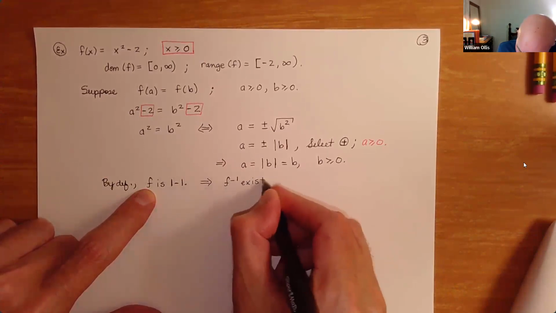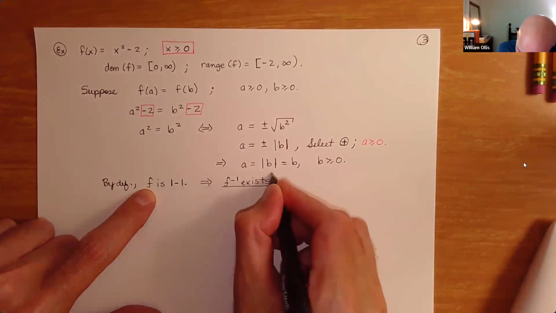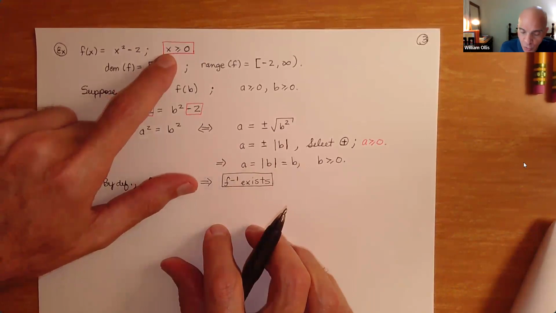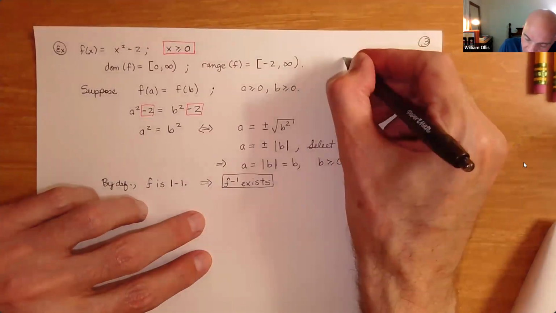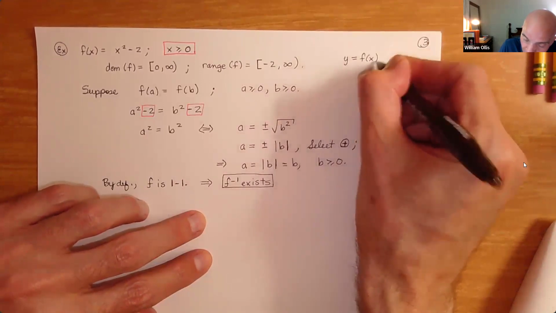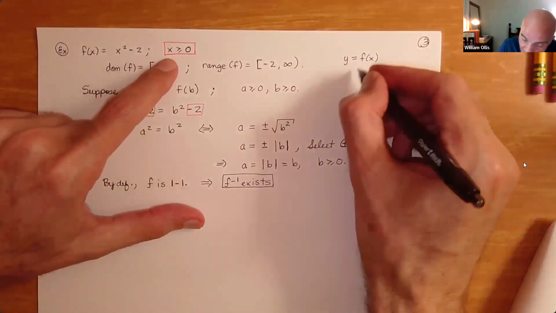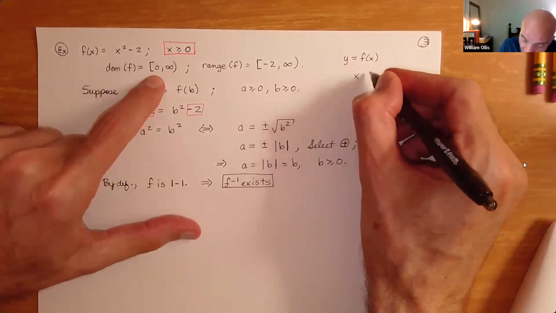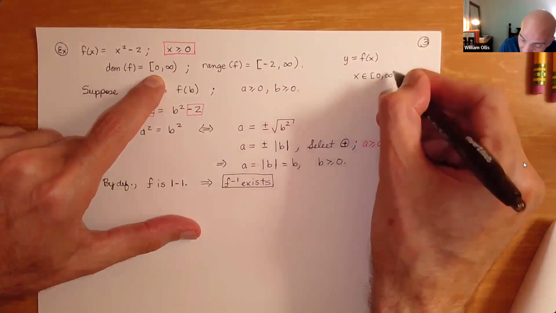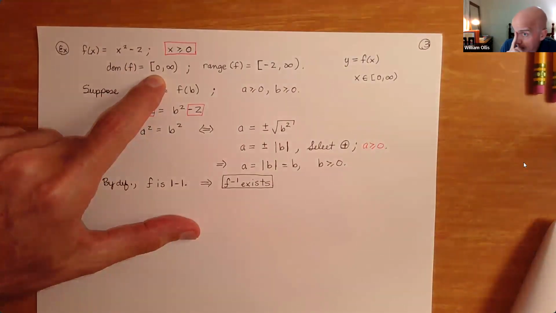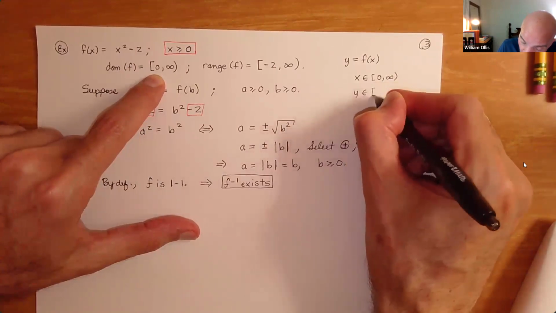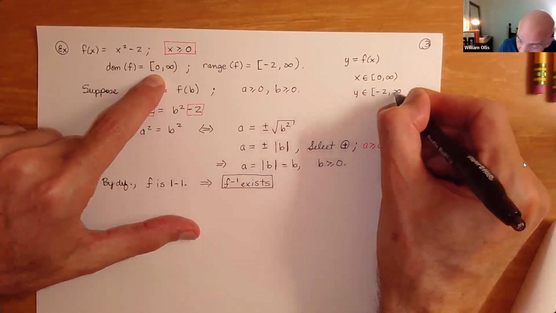And it's important to remember at this point that these restrictions are important. So if we want to think of the notation y equal f of x, we can already say that x, again, right here, lives here, 0 to infinity. And if we're replacing f with y, we say y lives from -2 to infinity.